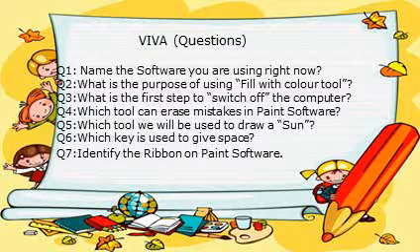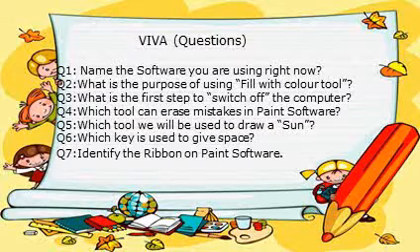Viva questions. Here are the Viva questions you have to learn for your practical Viva. Question number 1. Name the software you are using right now. Question number 2. What is the purpose of using the fill with color tool? Question number 3. What is the first step to switch off the computer? Question number 4.